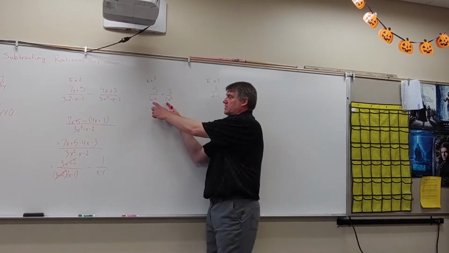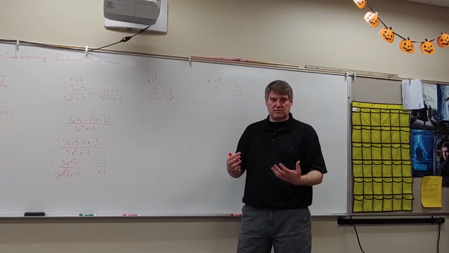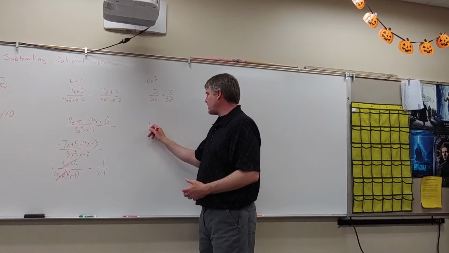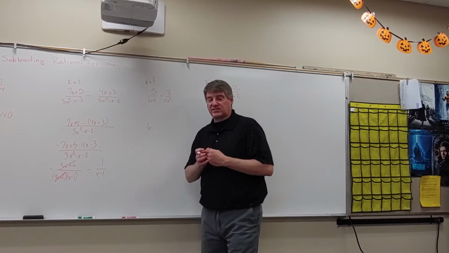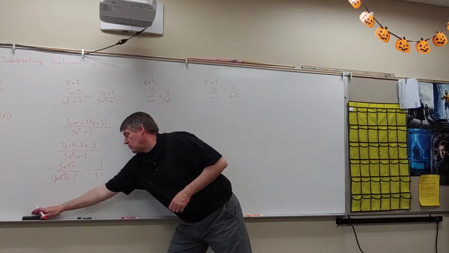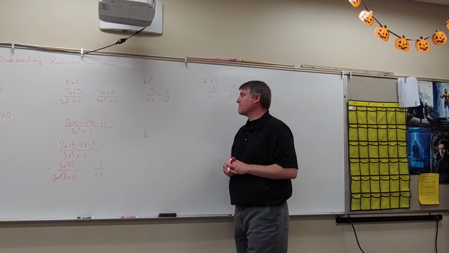So I'm going to look at 2 and 6. Well, what is a common multiple of both 2 and 6? Well, it's 6. And so I know that my denominator is going to have a 6, okay?